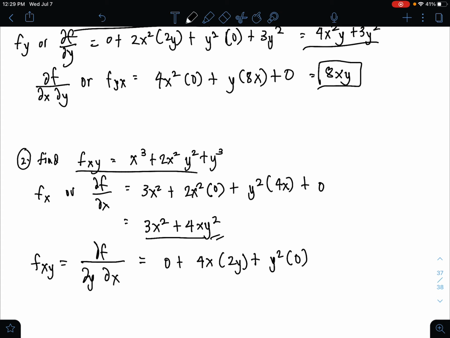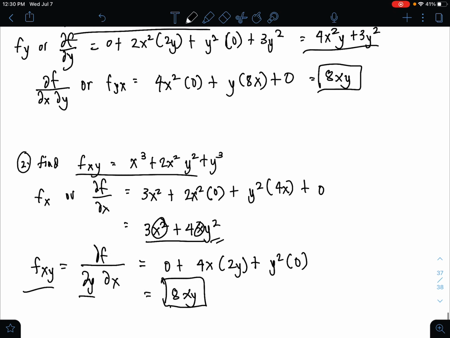So, take note, derive na to siya with respect to y, constant si x. Ana lang, no? Therefore, our final answer is 8xy, which is same sa taas. Coincidence lang po yan siya, no? So, dili gina siya always parehas si fxy ug si fyx.